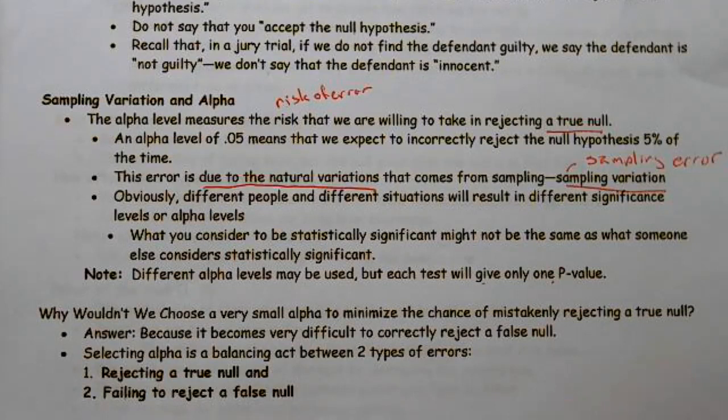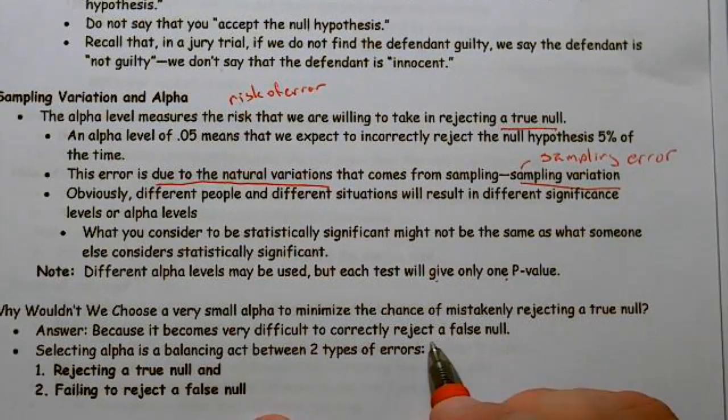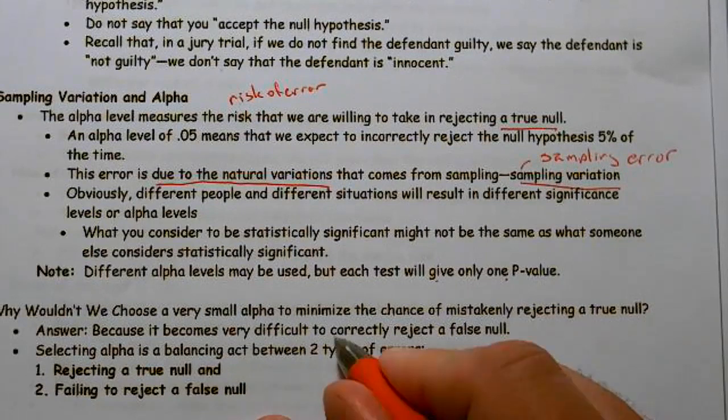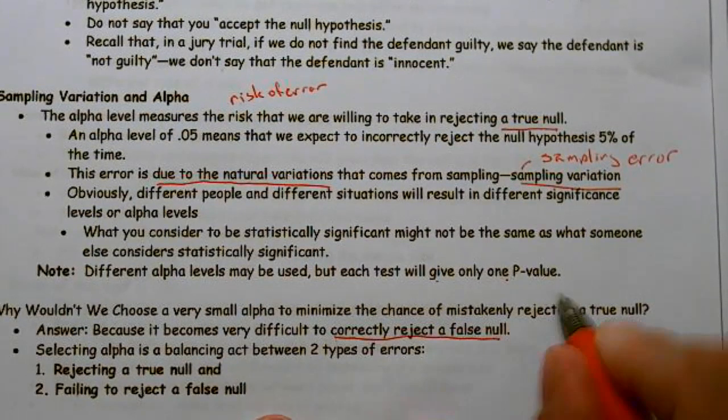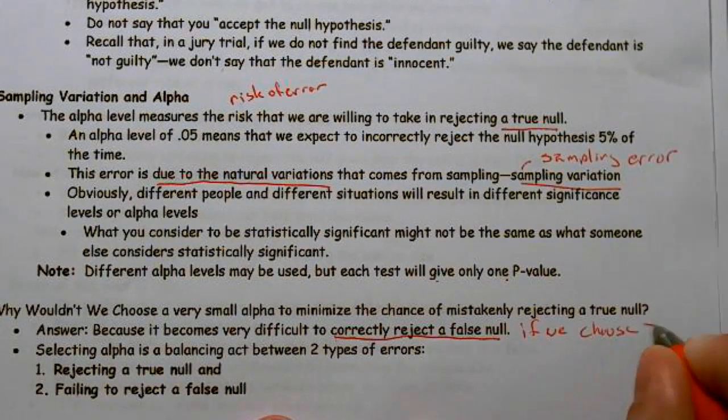Well, because it becomes very difficult to reject a false null if we choose small alpha. So we should say it becomes very difficult to correctly reject a false null if we choose a really small alpha.